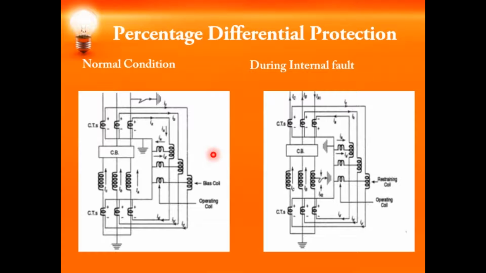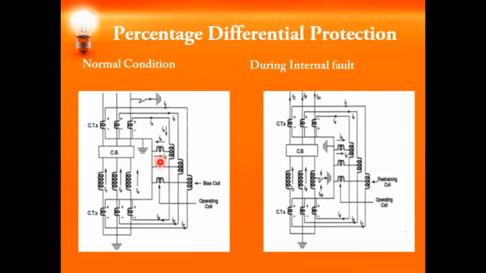Under normal operating conditions also, sometimes the current flowing in the upper CT and the lower CT might not be the same. There might be a slight chance that this difference might be greater than 0 even under normal operating condition. In that case, the relay will operate, and that needs to be avoided.